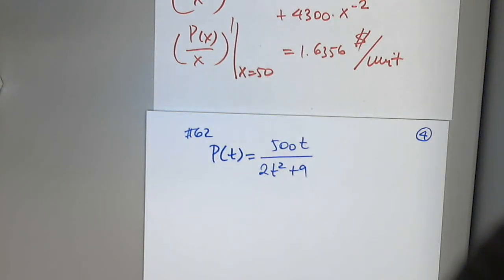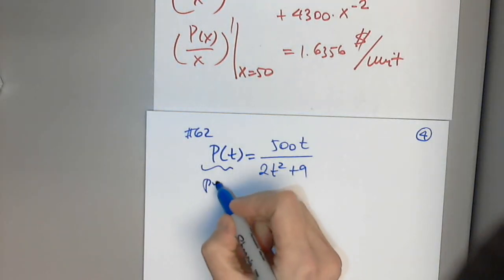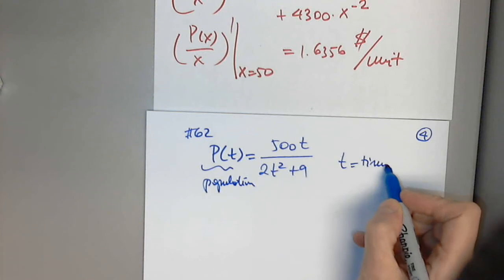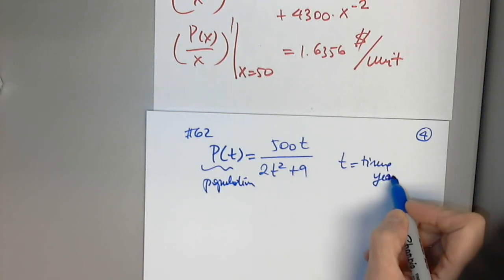Population growth. Okay, the population P in thousands of the town of, is it Coyote Wells? I don't know where it is, given by this function where t is the time in years. Okay, P is population and t is time in years.